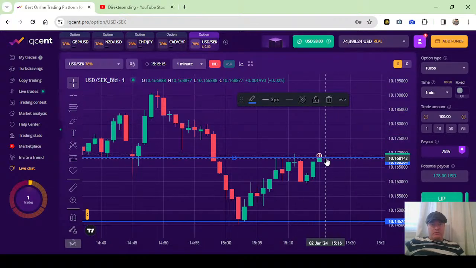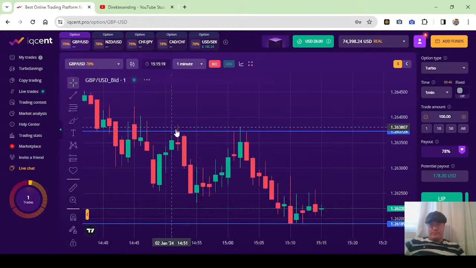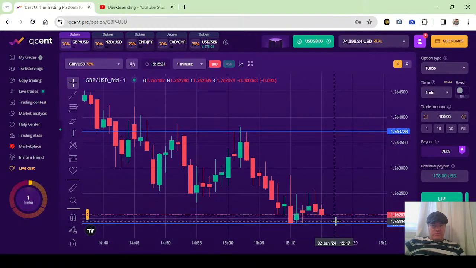We got a resistance trade up here now. Sweet. Now let's see. We're also looking for a trade in the bottom here now, if we can get down there.